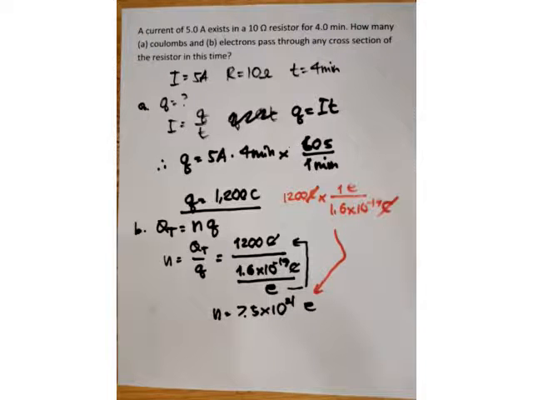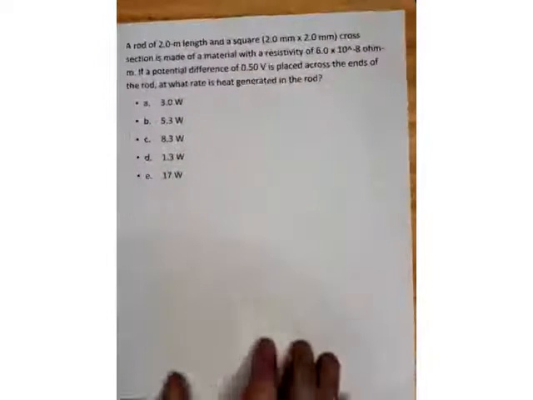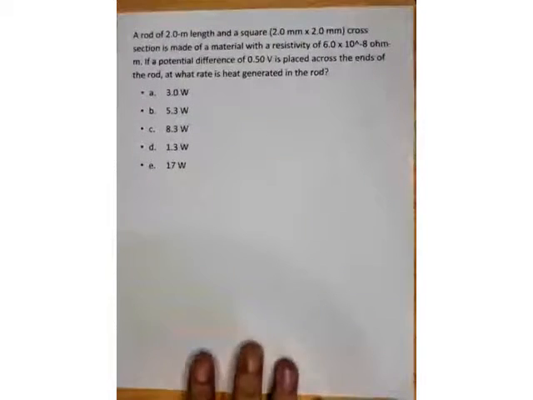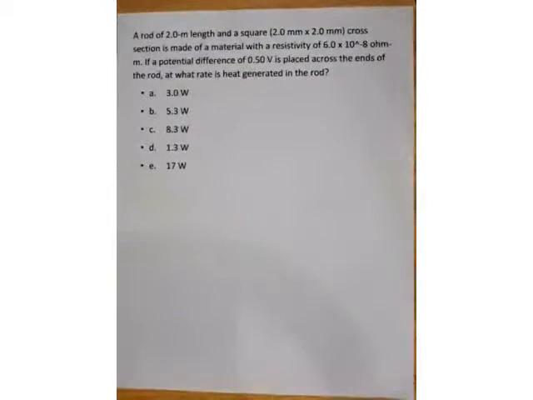Okay, now let's have this next example. A rod of 2-meter length and a square cross-section is made of a material with resistivity of 6 times 10 raised to negative 8 ohm meter. If the potential difference is placed across the ends of the rod, what is the rate of heat generated in the rod?